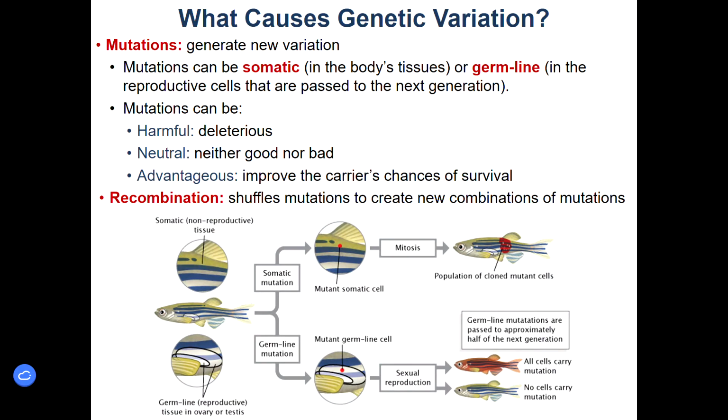The second thing that helps with genetic variation after mutations happen is recombination. So that's when you're shuffling mutations around during mitosis or meiosis, and new combinations of these mutations occur. So two things cause genetic variation: mutations and recombination. Mutations are random, they happen by chance.